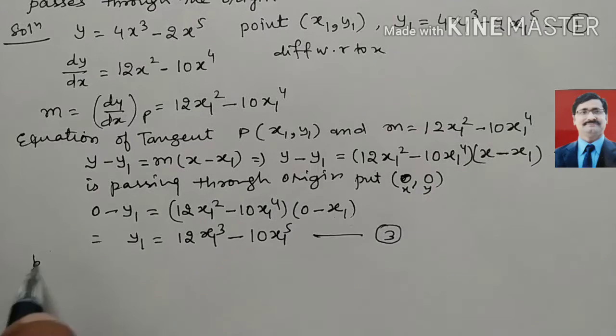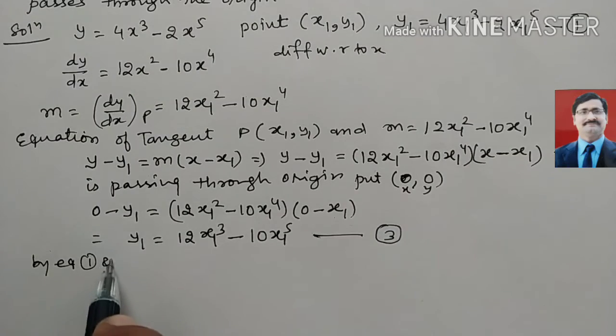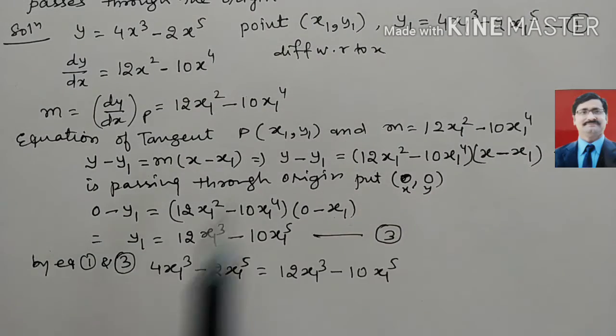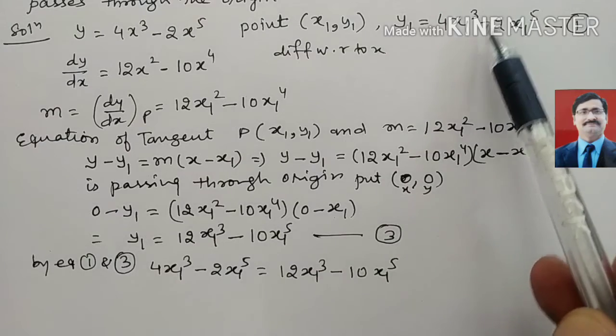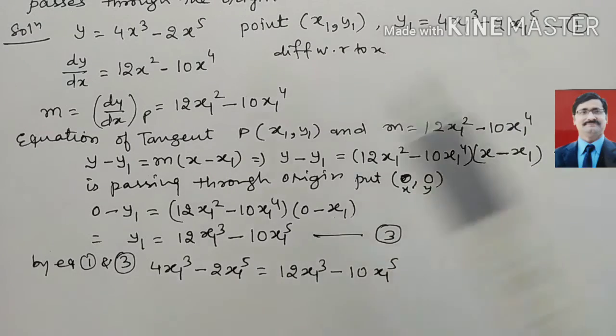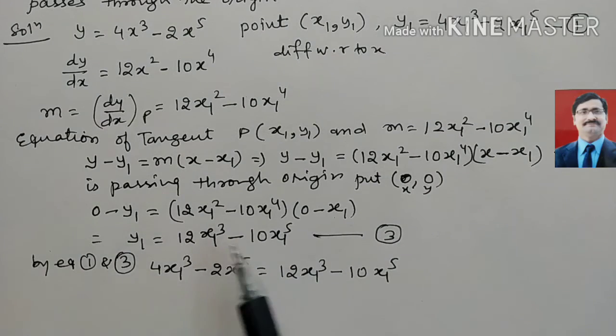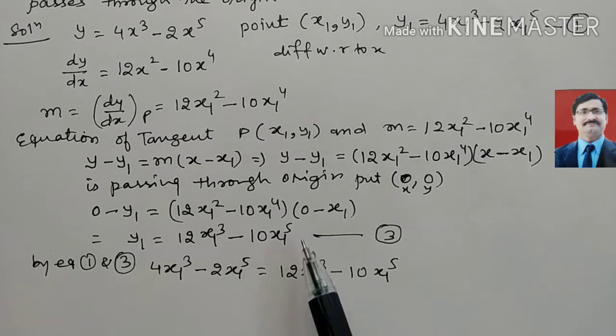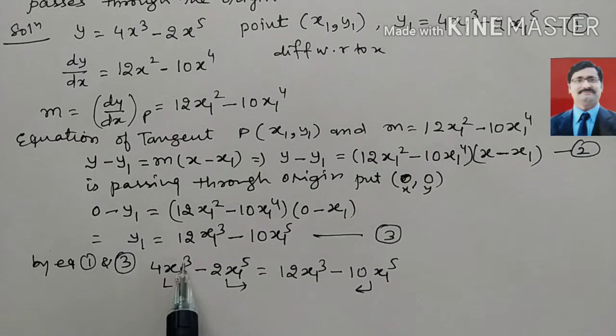Look here, by equation 1 and 3 you can check y. By equation 1, y1 is 4 x1 power 3 minus 2 x1 power 5, and here y1 is 12 x1 power 3 minus 10 x1 power 5. So look here, we equate these. Now 10 x1 power 5 we transfer to left hand side, 4 x1 power 3 we transfer to right hand side.